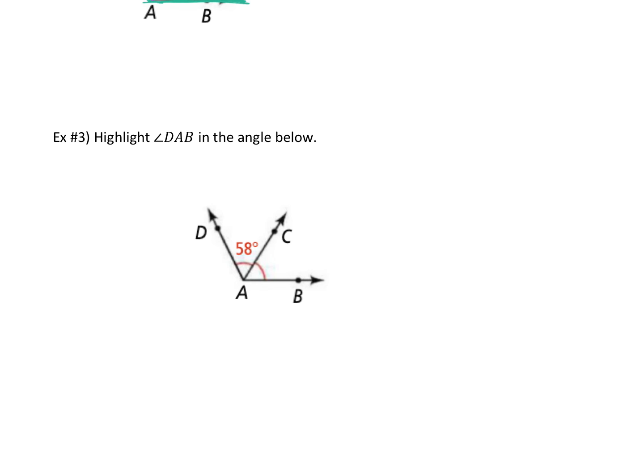Oh. Yeah. Okay, so example 3, I just want you to mark this for me. Angle DAB. What is that angle? Highlight it or write it in, and then we'll just make sure everyone's got it, because this angle stuff tends to be a lot of times where we get mixed up.